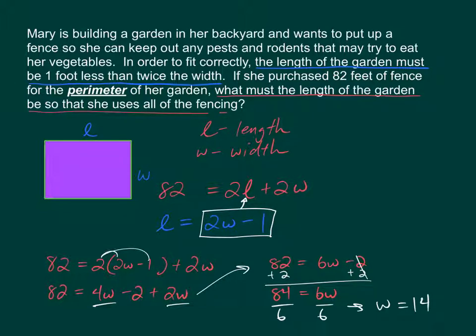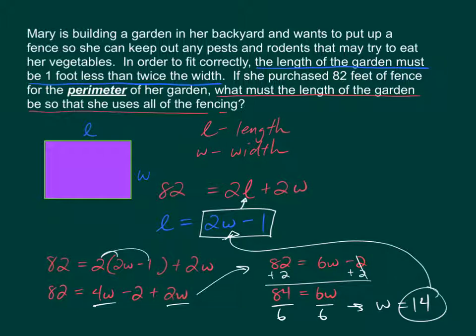So what were we trying to find? The question being asked is, what must the length be? What must the length of the garden be so she uses all the fencing? We found the width. So in order for us to find the length, we need to take this answer and come back over here and substitute it back in for W in this equation.